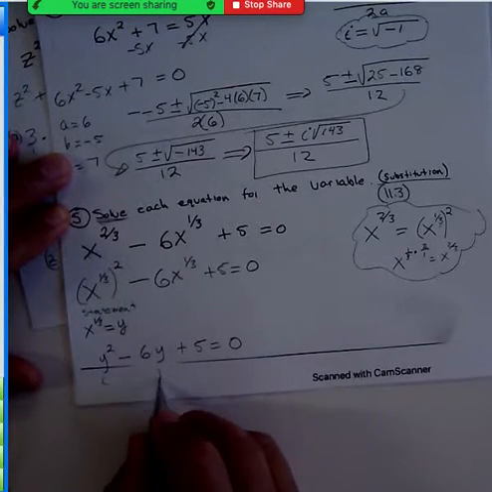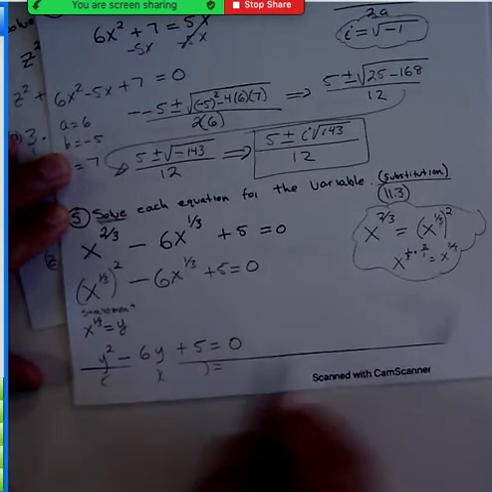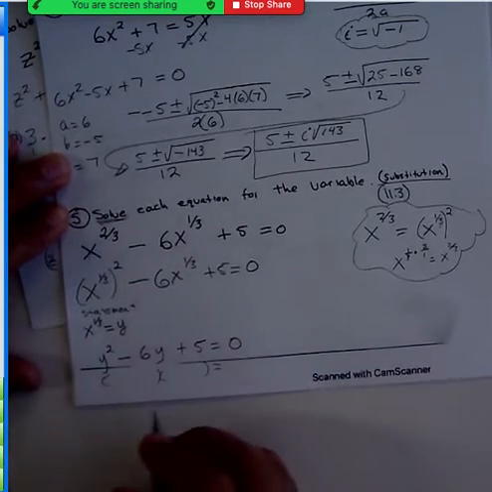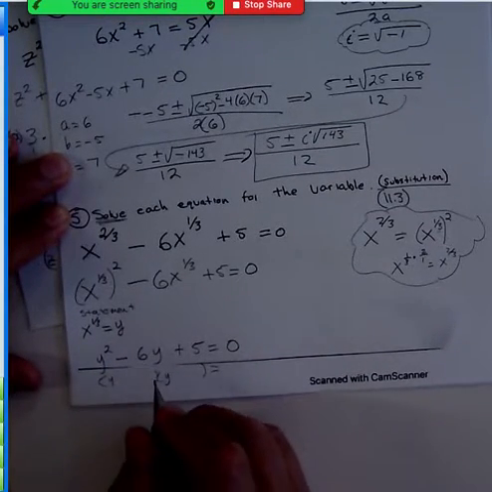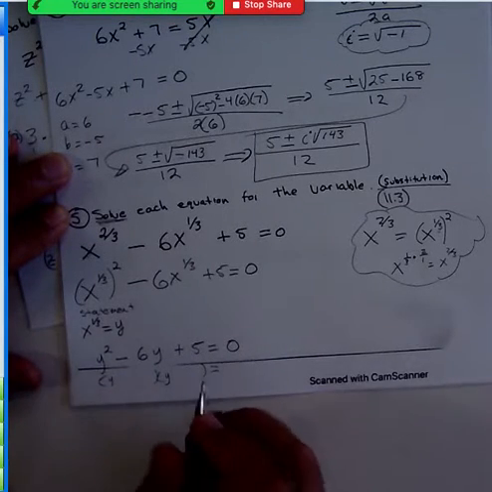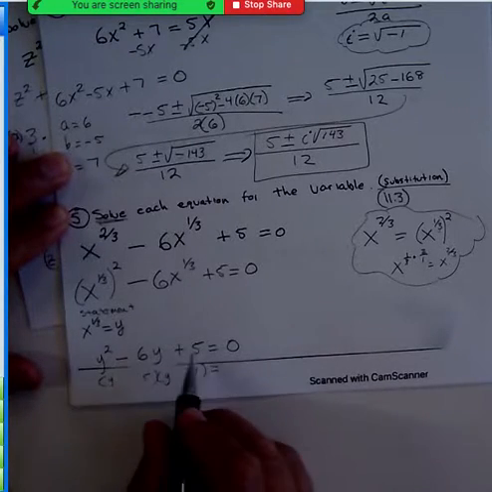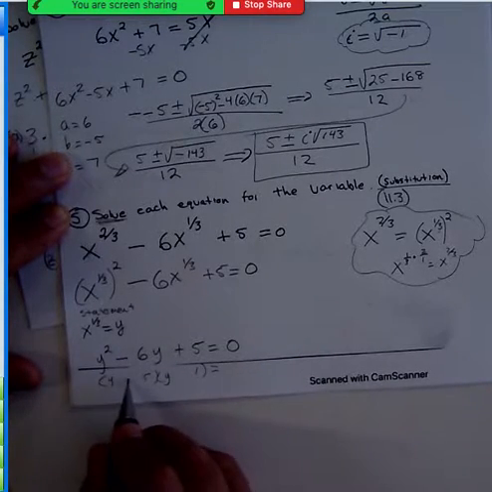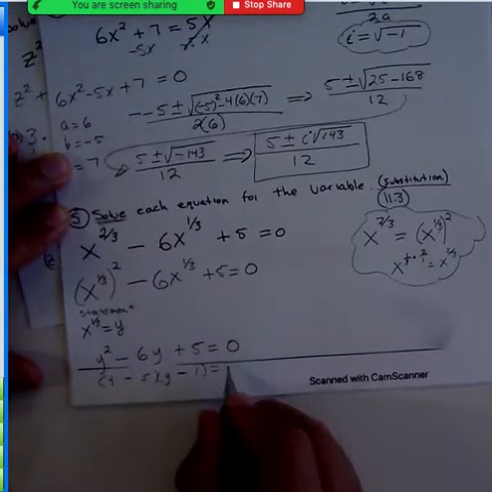We factor, or we use the quadratic formula, whatever you like, but factoring for this one would be the easiest way. We're using a y because we substituted for the x. Two numbers that multiply to this and add to this would be 5 and 1. They have to be negative, so both of them will be negative. Equals 0.